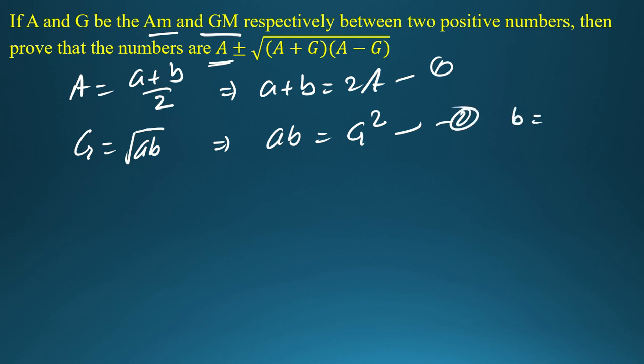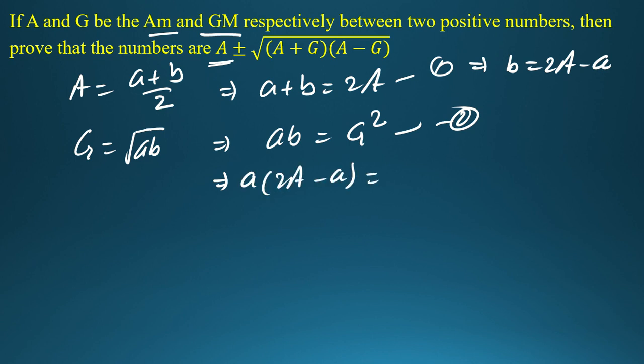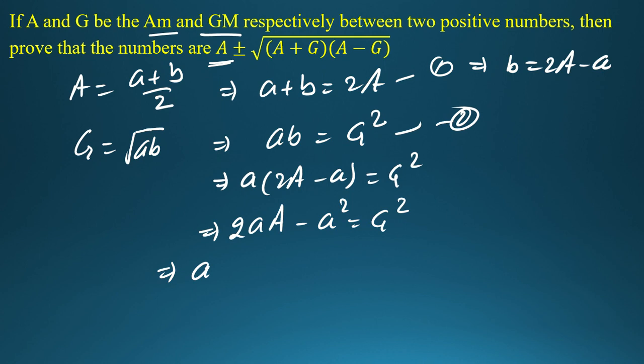So what we can do here, b is equal to G² upon a, or from the first equation you can write the value. It's your choice. Okay, for example, many students feel comfortable with this. So b is equal to 2A minus a. So write this value here. So it will be a times (2A − a) equals G², means 2Aa − a² = G², means a² − 2Aa + G² = 0.